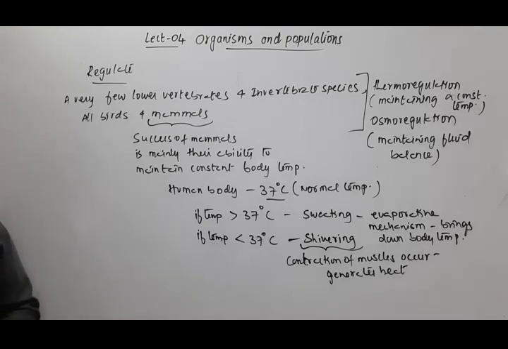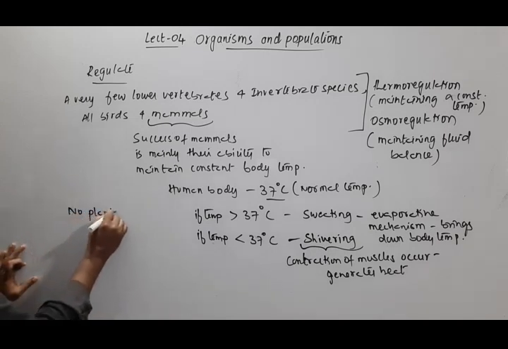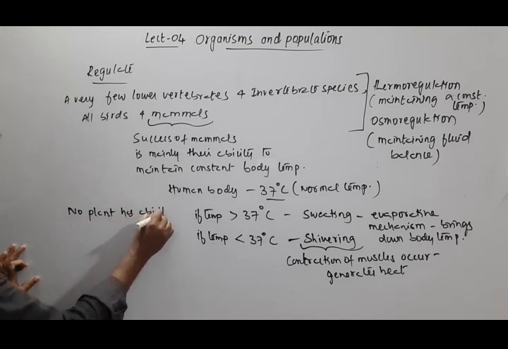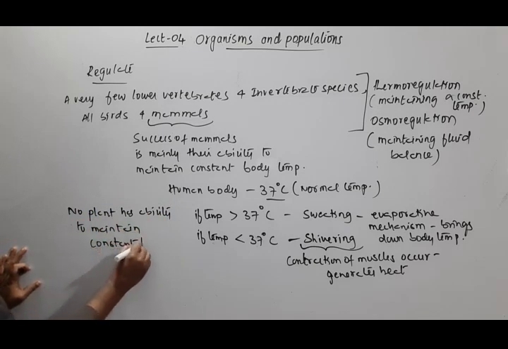And when coming to the plants, they don't have any such mechanisms to maintain internal environment or the temperature. So no plant has the ability to maintain constant temperature here, right?